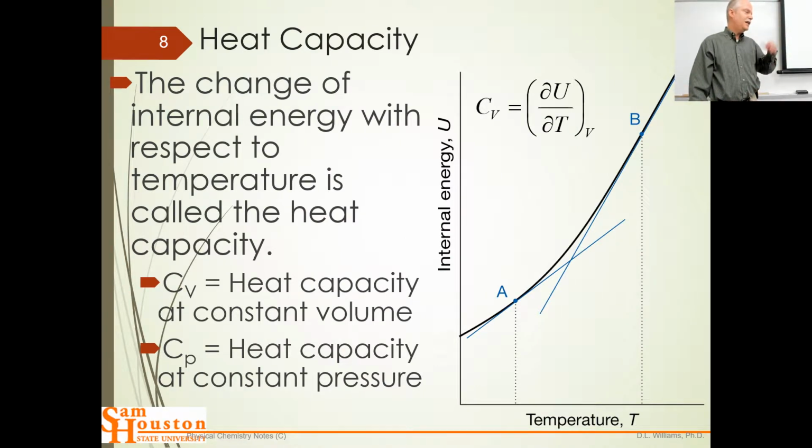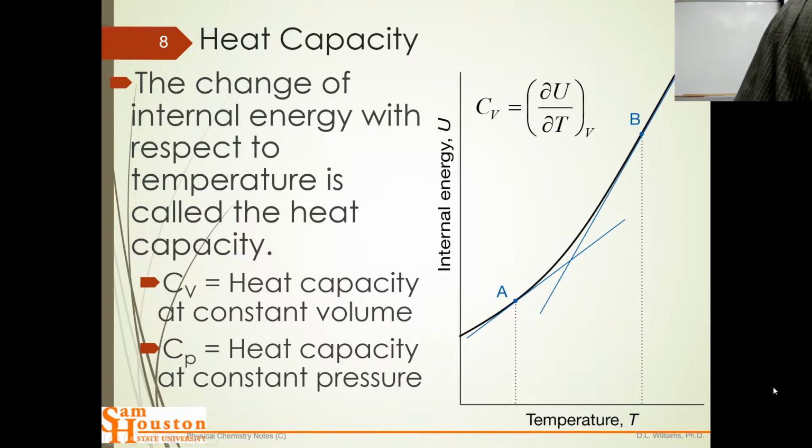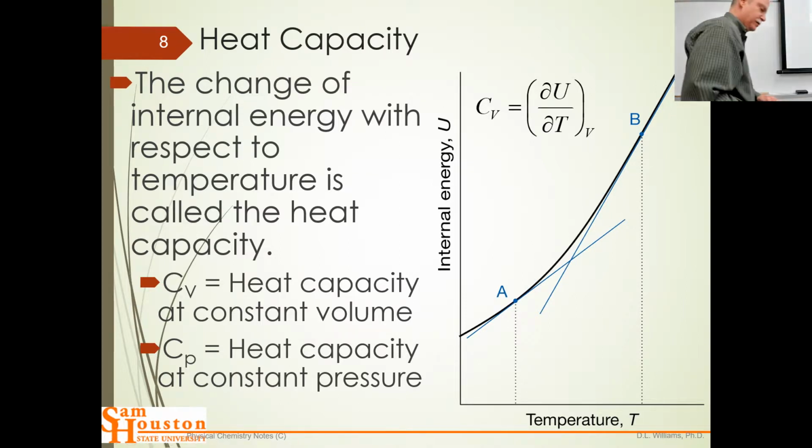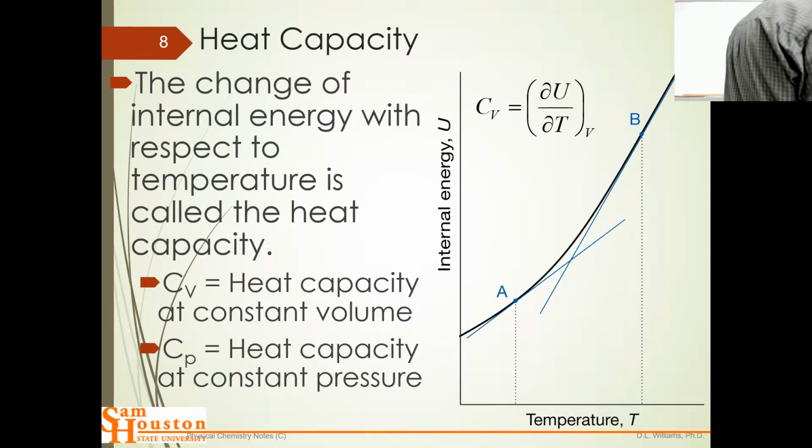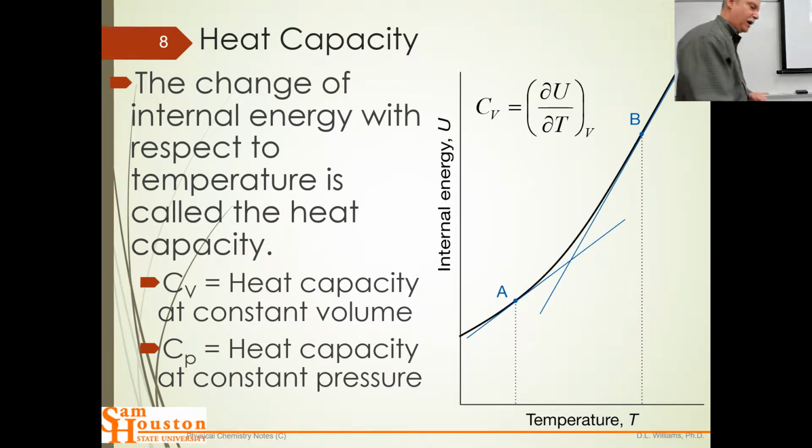Now, if we have a change in internal energy with respect to temperature, that's the thermodynamic definition of heat capacity. So we talked about the equipartition theorem, and if you take the slope of 3/2 nRT with respect to temperature, obviously you get 3/2 nR. So our heat capacities for ideal gases: translation, rotation, and vibration. These are the things that molecules can do.